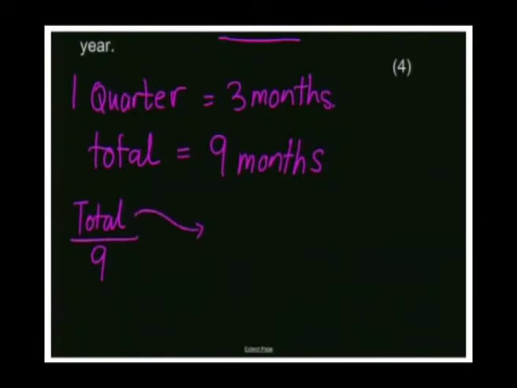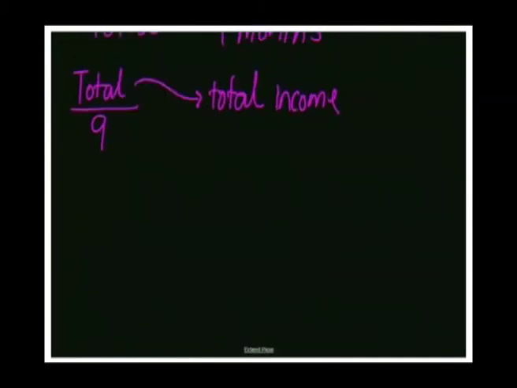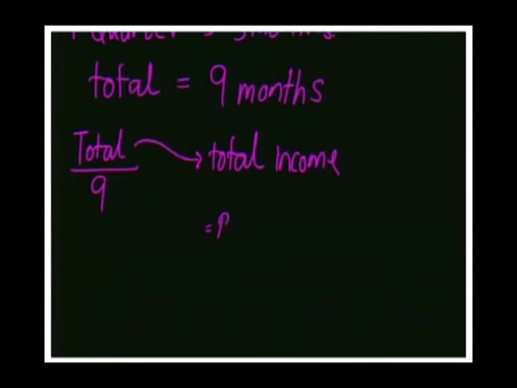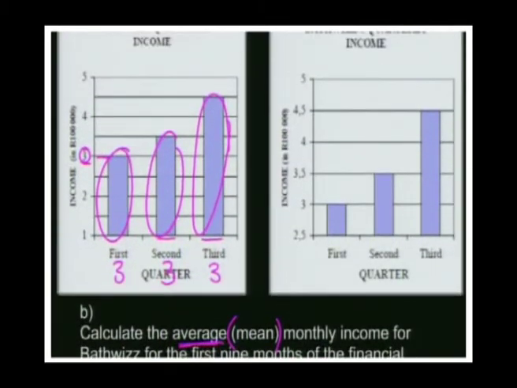So first of all, let us work out our total income. Let's work out our total income over the 3/4. It's going to be 3, which is in actual fact 300,000. Plus, let's have a look at our income for the 2nd quarter.